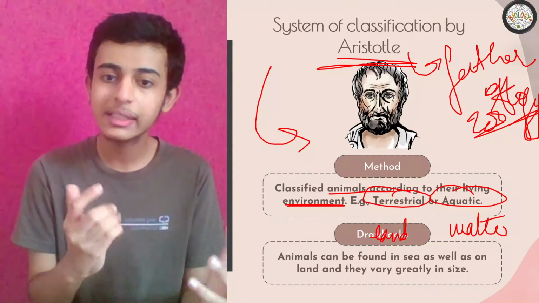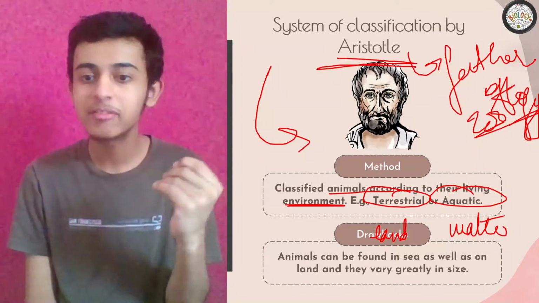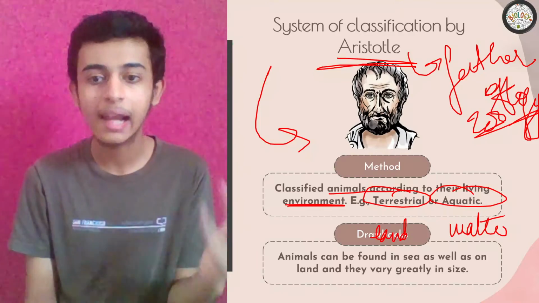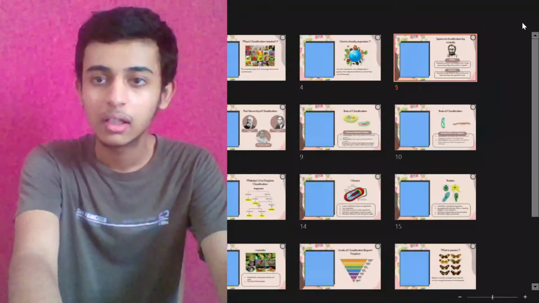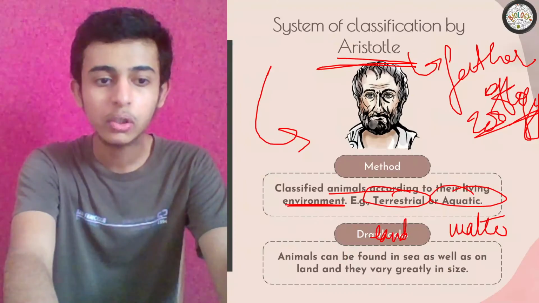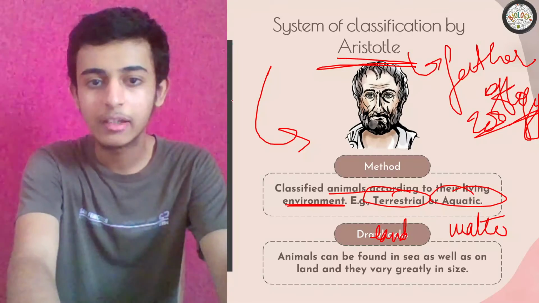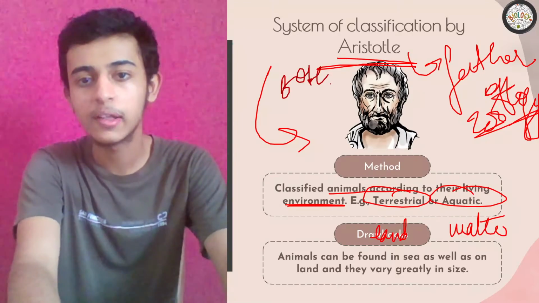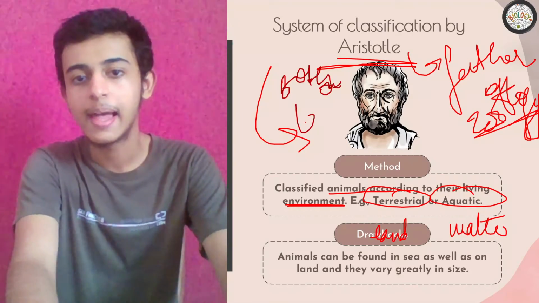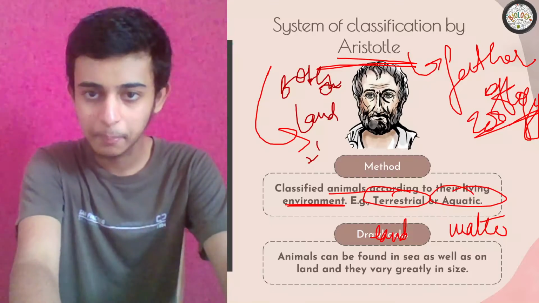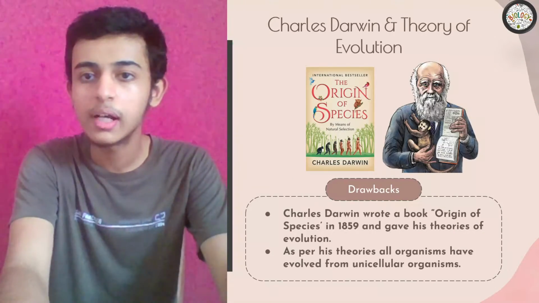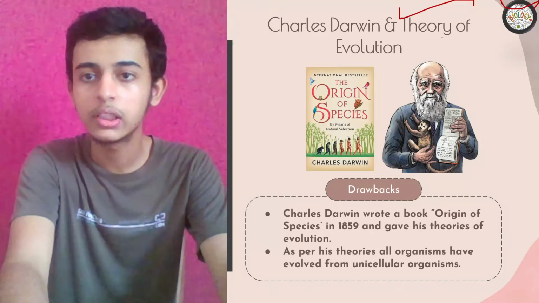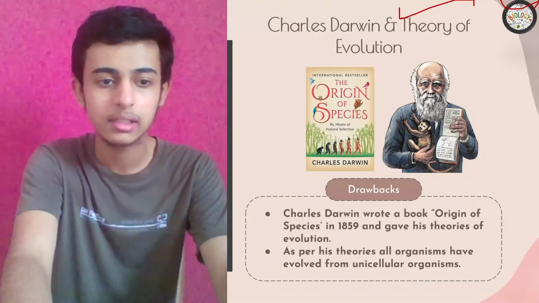The limitation was that some animals can be found in sea as well as on the land, and they vary greatly in size. Basically, we are talking about the animals that can live both on land plus under water.